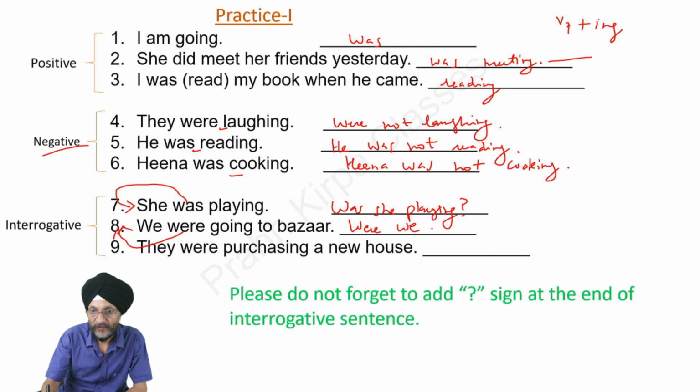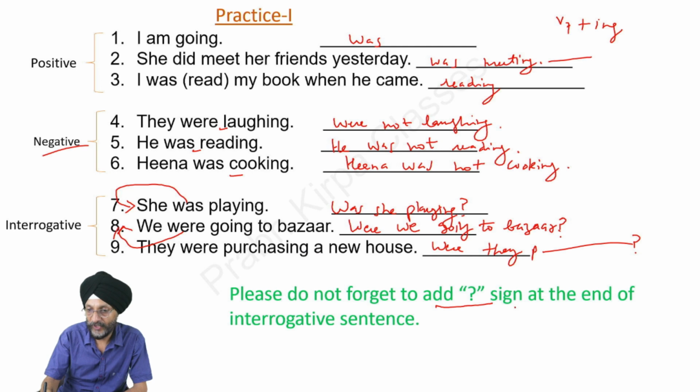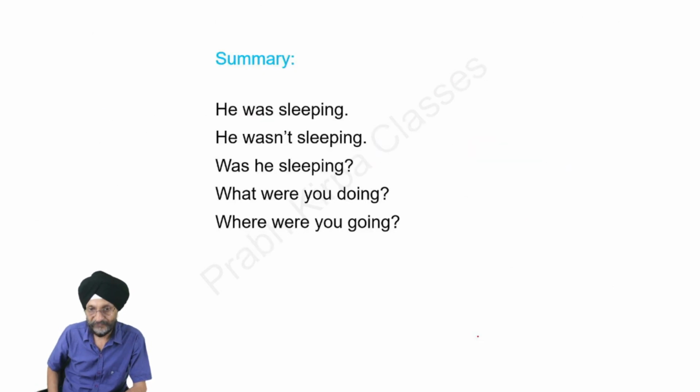"Were we going to bazaar?" We are to make interrogative mark at the end of the sentence. "They were purchasing a new house." "Were they purchasing a new house?" Please don't forget to add interrogation sign at the end of the interrogative sentence.